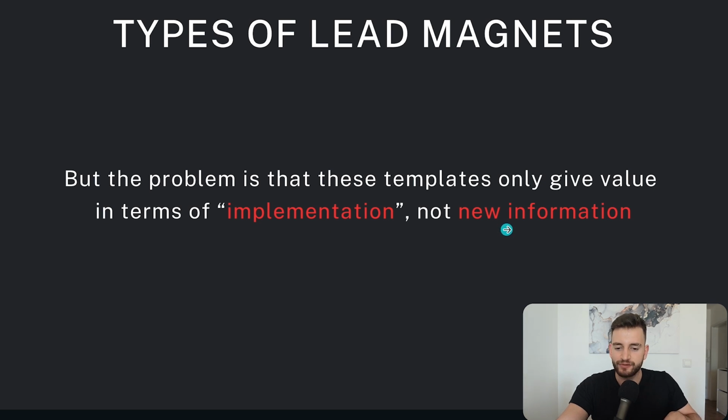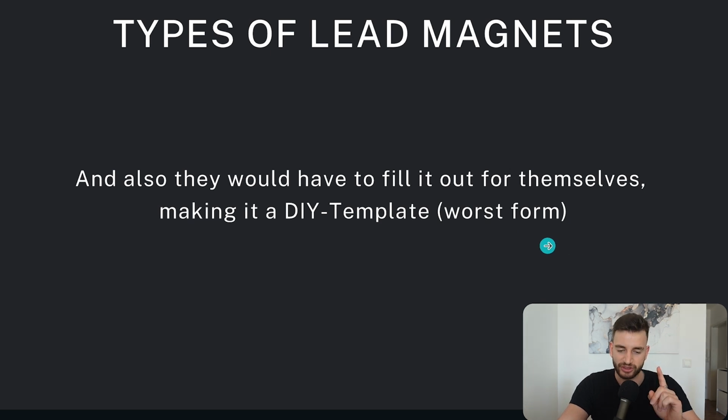So they get something they can fill out themselves, giving them an easier time because they have a template, but they don't know what to fill in there. They don't get any new information. And also, which is very worth mentioning, they would have to fill it out for themselves, making it a do-it-yourself template, which is again the worst form of value, guys.